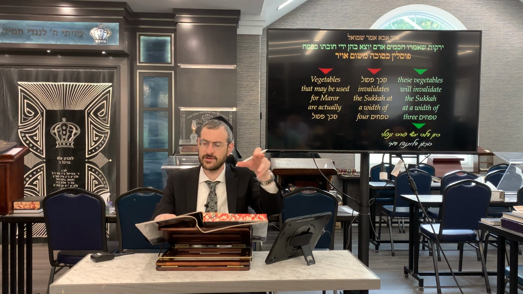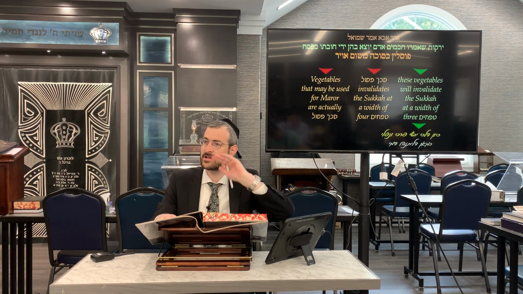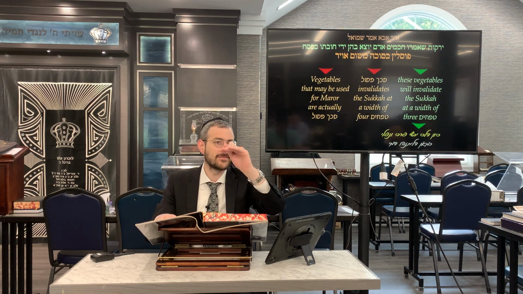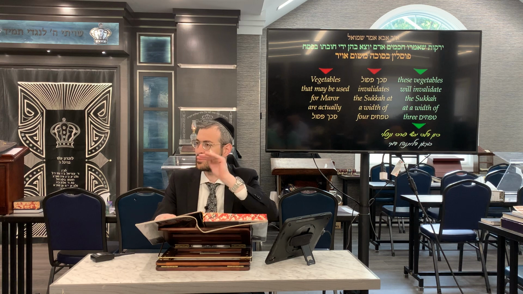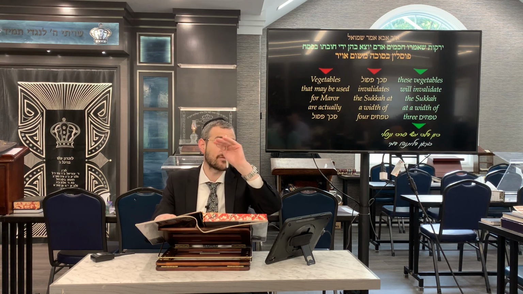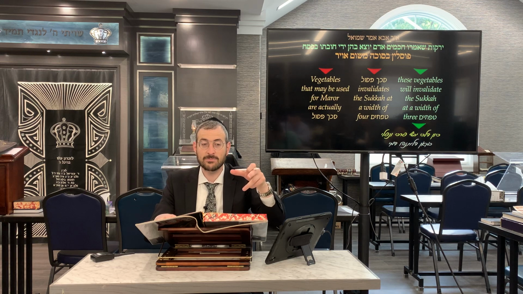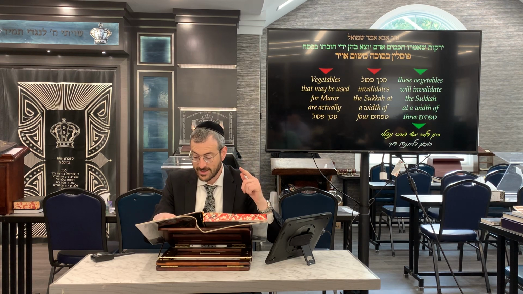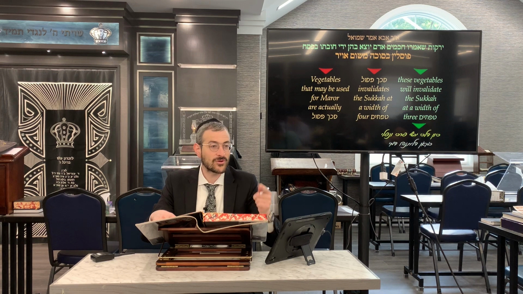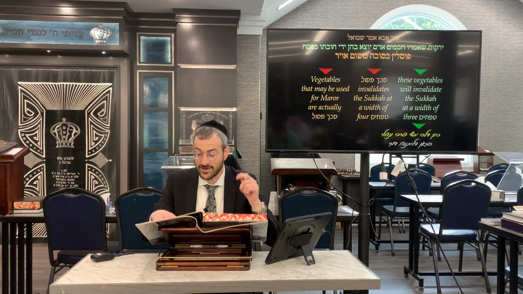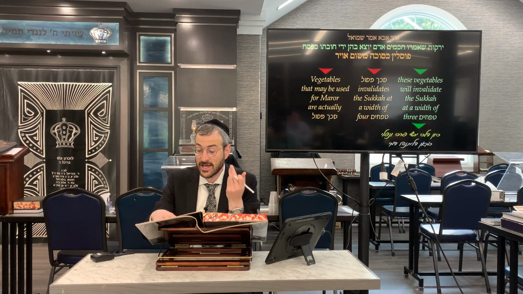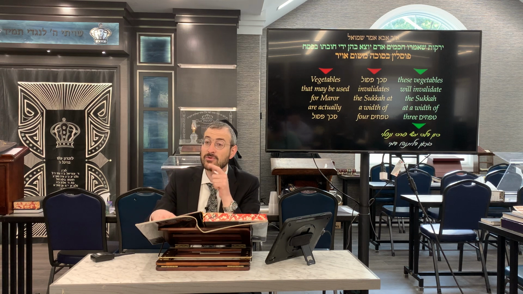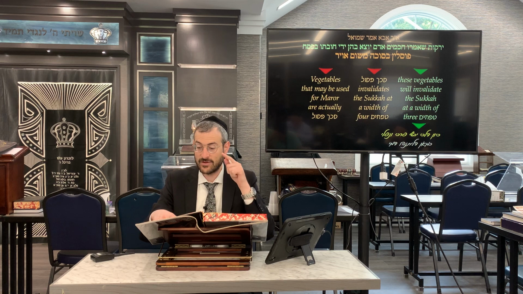So actually, up to 4 amos on the side, it could be like dofen akuma. Obviously here you can't use it as dofen akuma, but if you have schach pasul up to 4 amos, you can make a bent wall out of it. And so also in the middle, it's only pasul when it's 4 tefachim. And now we're saying that this lettuce, we don't qualify as schach pasul. We qualify it as if it's avir, as if there's nothing there, and avir is more of a chumra than schach pasul, and it's pasul by 3 tefachim, not with 4 tefachim.